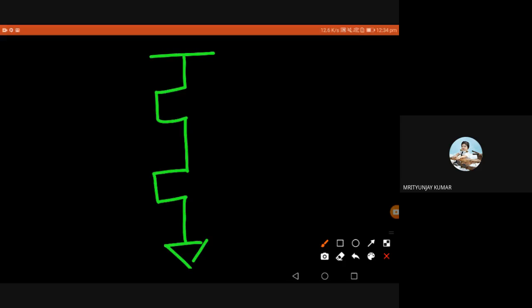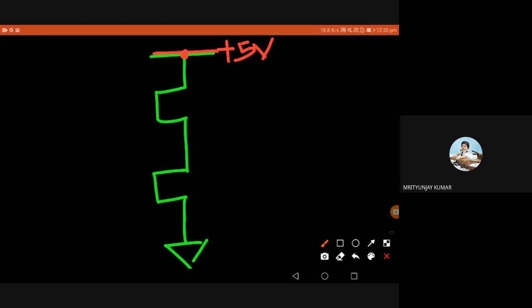Now I'll draw a small circuit, and you need to tell me what is the output. There is a high voltage here, plus 5 volt, which is called the supply voltage. I'm giving the supply to the top of one of the MOS.